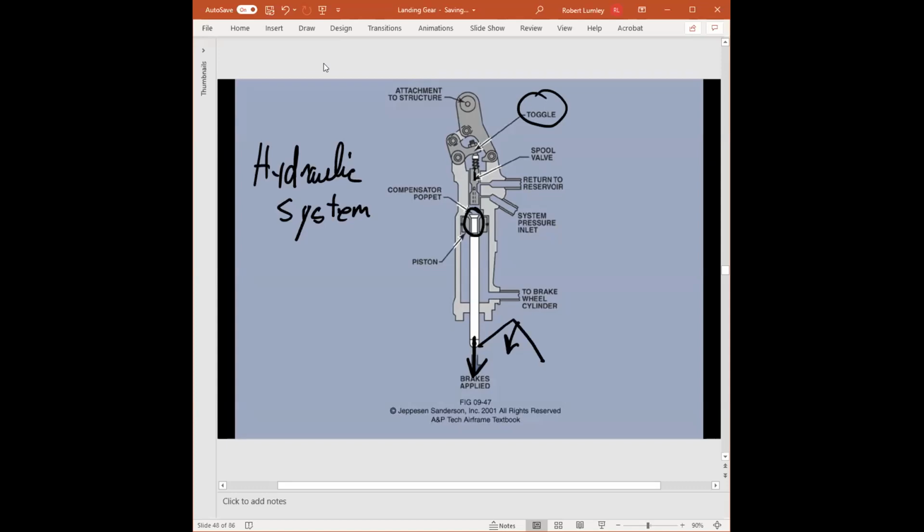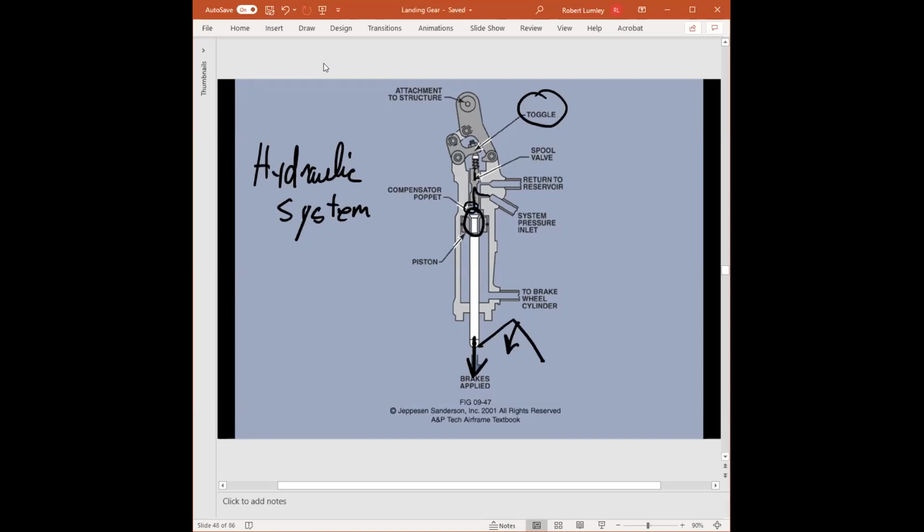This toggle pushes the spool valve down. When the spool valve comes down, where this opening is, there's a little hole that will align with the system pressure. So system pressure now can act upon the top of the piston to aid the pilot in applying pressure to the brakes.